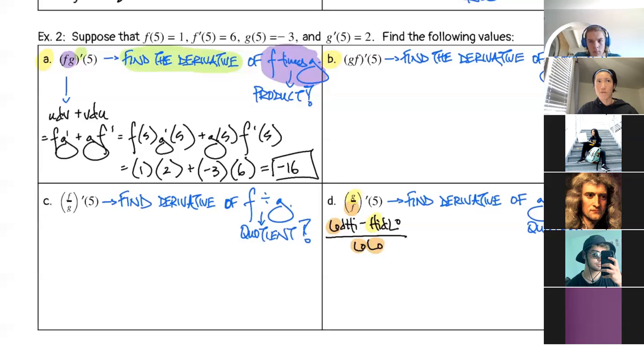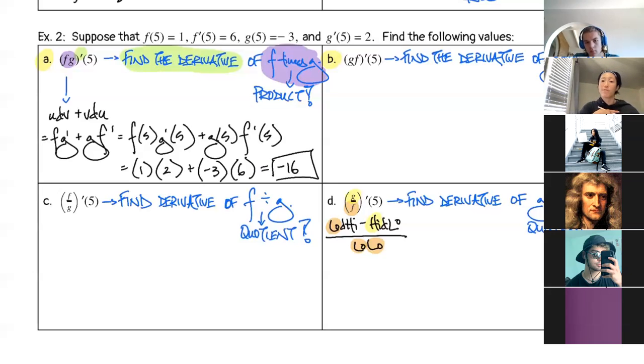Does that make sense to folks? So F is on the bottom, that is my low function. G is on the top, that is the high function.